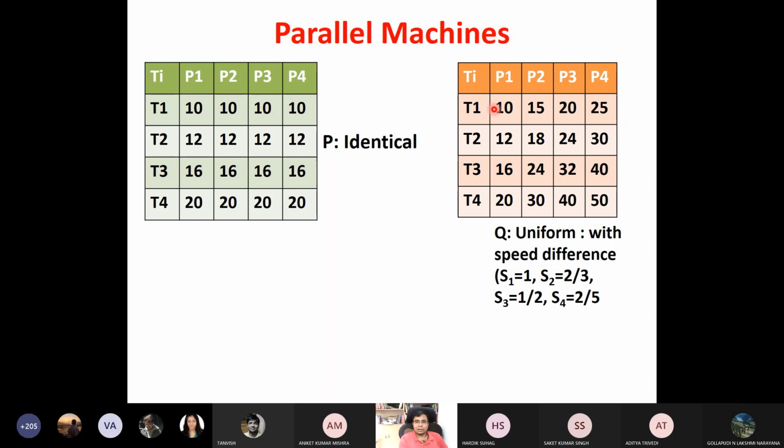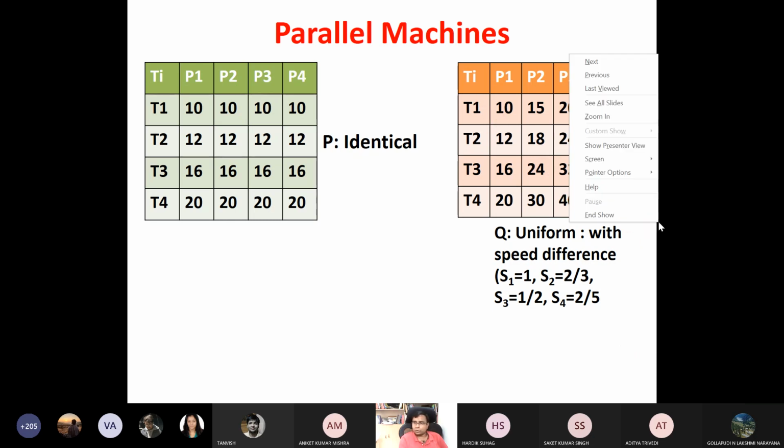So what is the execution time? It is 10 divided by speed.